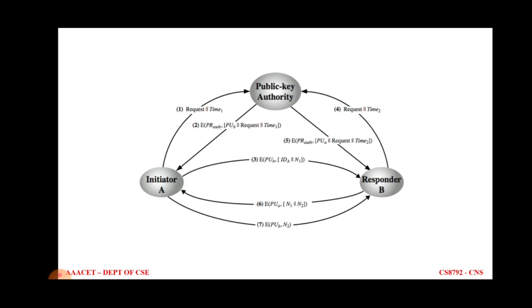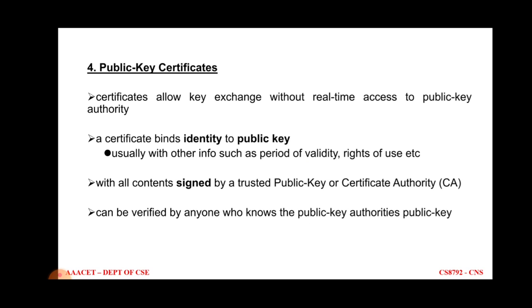Again B sends a request to the public key authority to get the information of initiator A. So the public key authority sends some key information to responder B. Then responder B sends the public key value of A to initiator A with the encryption process, and finally initiator A sends the public key value of responder B with the encryption process.